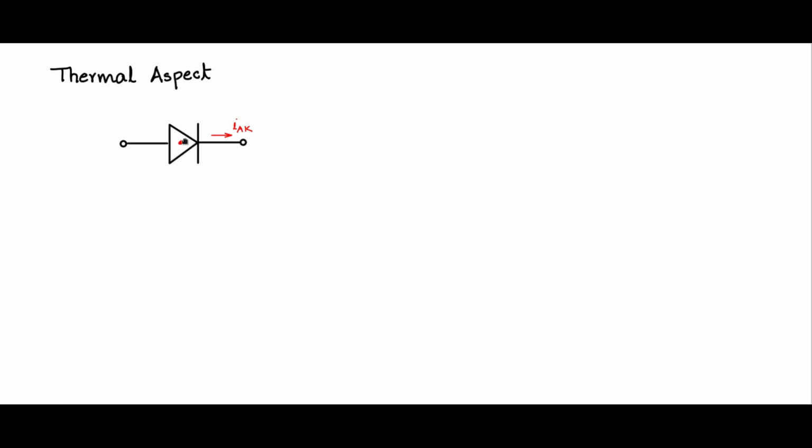Let's say at the junction, the innermost part of the diode, the power loss emanates, and then heat always flows from the hotter part of the body to the colder portion. So the external ambient is the coldest portion, so the heat will start moving out to the ambient.